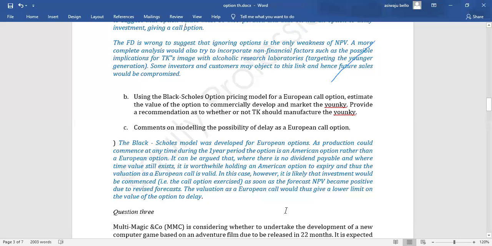But if the company should exercise its right before 12 months, then the valuation we have carried out in part B will not be correct, because Black-Scholes cannot be used to value American option contracts.